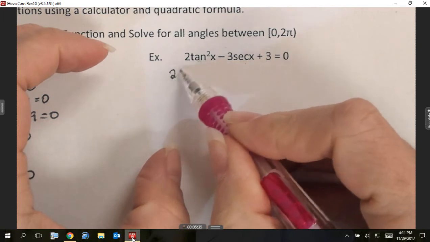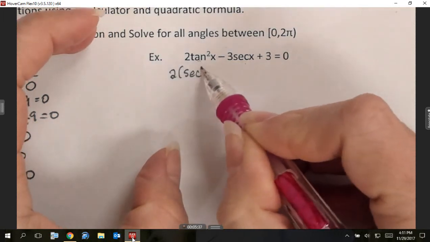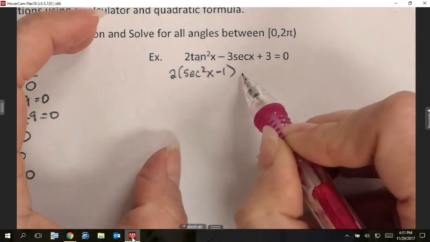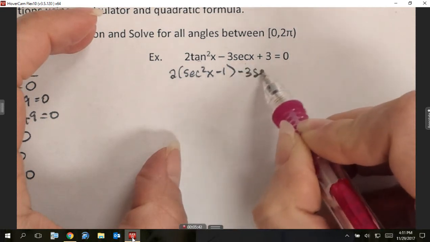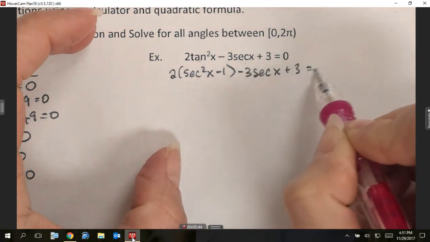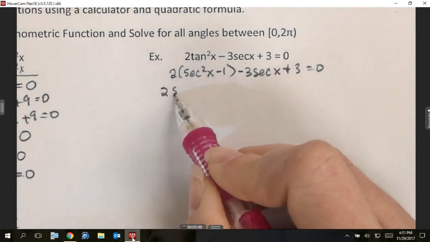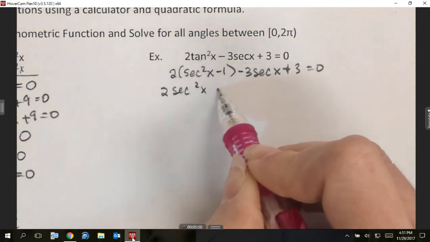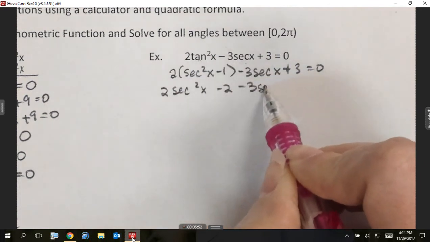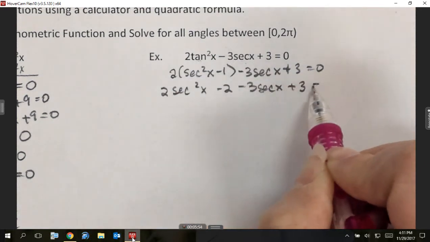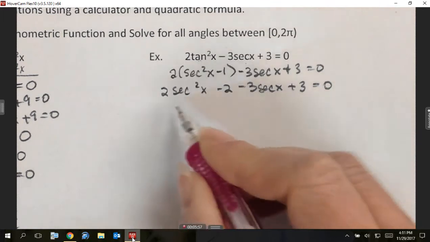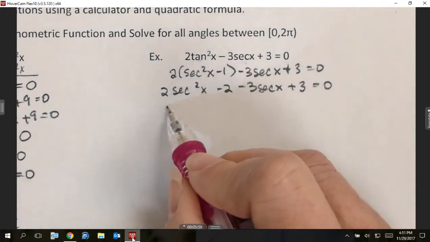Substitute: 2 times (secant squared x minus 1) minus 3 secant x plus 3 equals 0. I'm going to distribute that 2. Combine like terms, make sure it is in quadratic form so we can factor it.